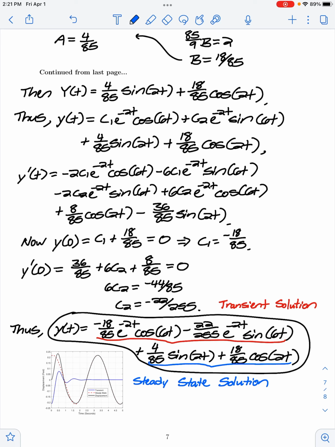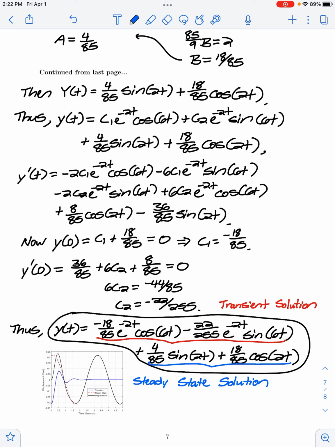The steady state solution is plotted with the red dashed line, and the displacement is plotted in black, which is the sum of my transient and steady state solution. So what we see here is that as time increases, eventually our displacement matches up with the steady state solution because our transient solution approaches 0.